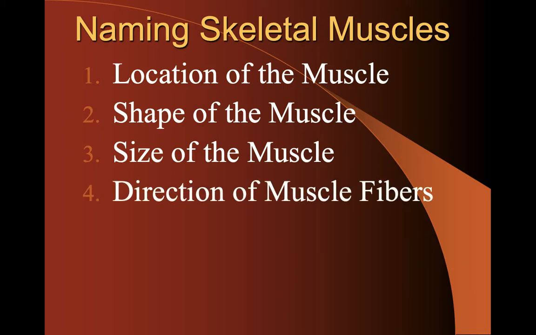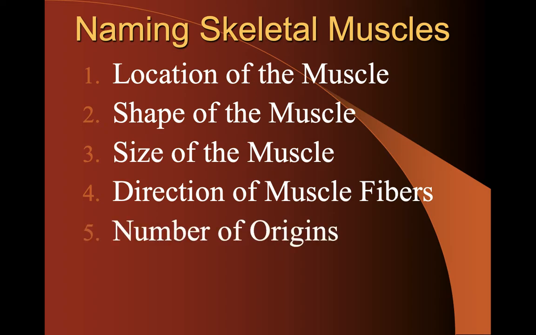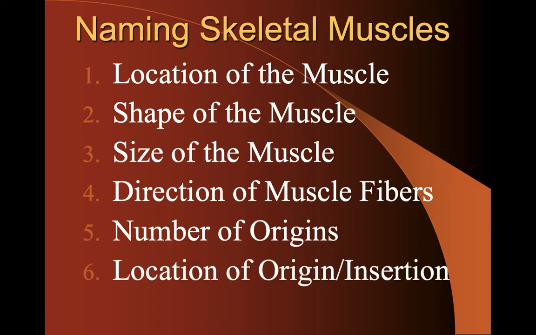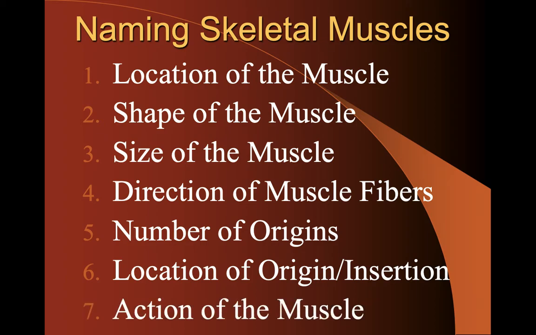Some are named based on shape, like the deltoid is the triangular muscle on top of your shoulder, named for the Greek letter delta. Size of the muscle, one of the largest muscles in your body, is gluteus maximus. Maximus meaning large, and that's your butt muscle. Direction of muscle fibers, we can go back to rectus abdominis. Rectus means straight up and down, so the straight up and down muscle of the abdomen.